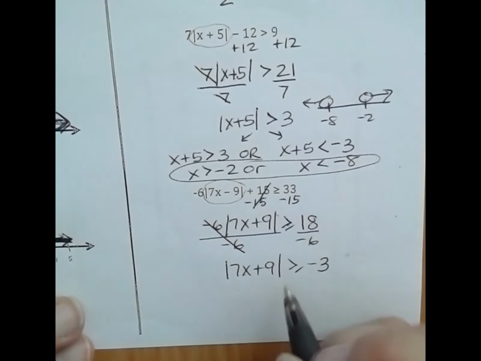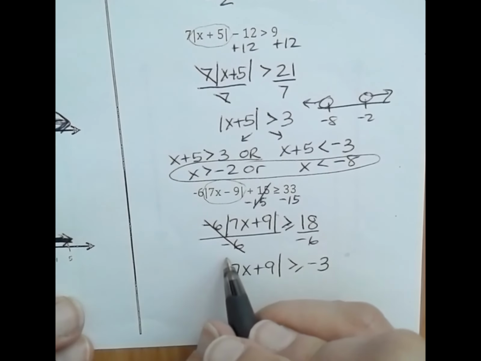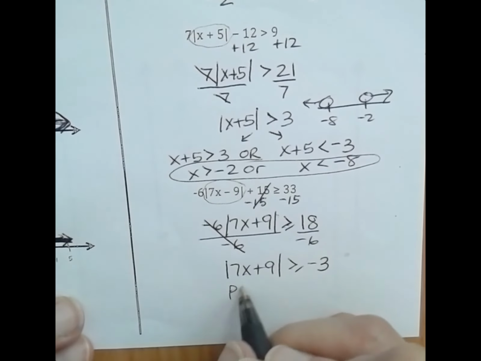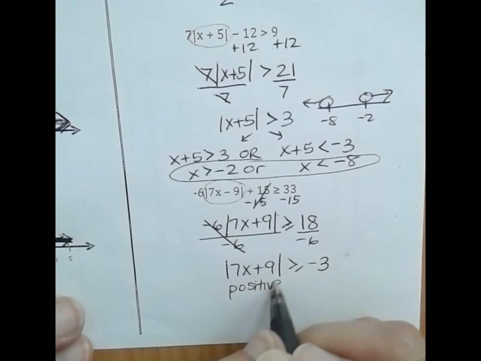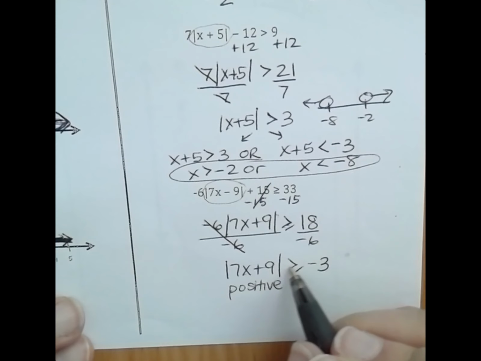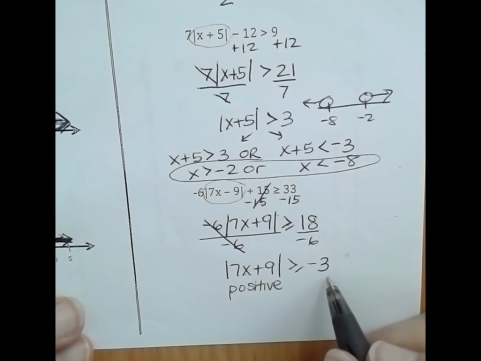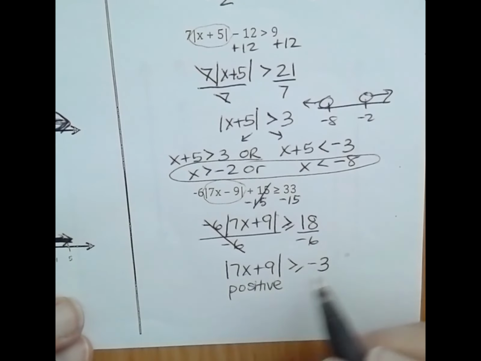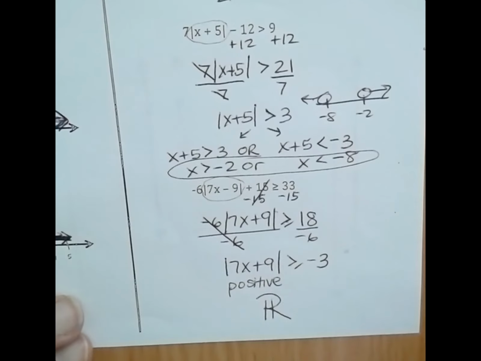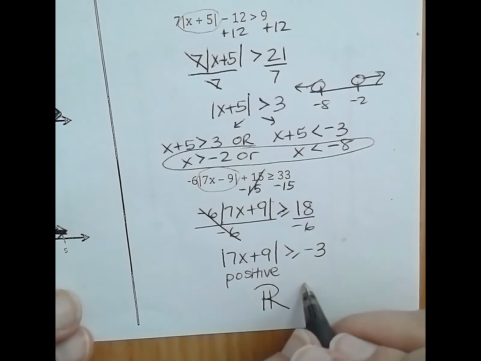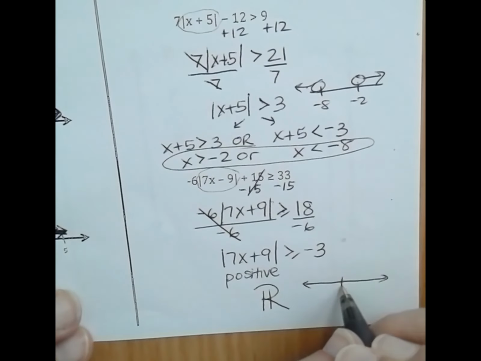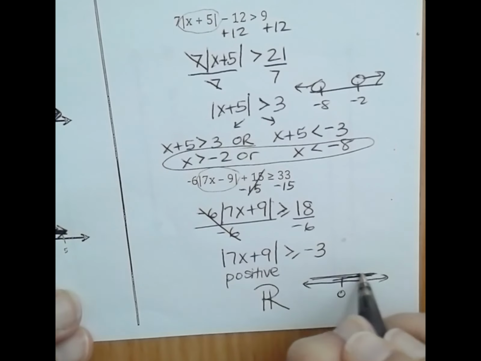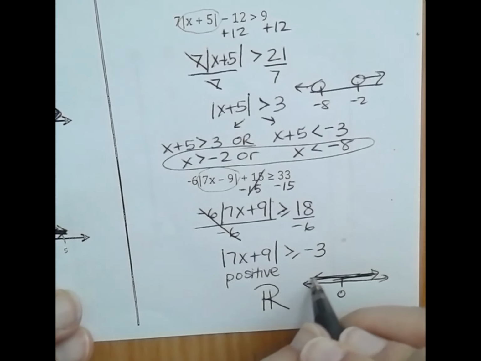All right, and at this point you would split it, okay, but hopefully you see here we have an absolute value which will always be a positive number, and they're saying that that has to be greater than or equal to a negative number. So this would always be true. The absolute value, a positive number, will always be greater than a negative. So this is one of those special cases where we say all reals. And if you're asked to graph that on a number line, you would just shade the whole number line.